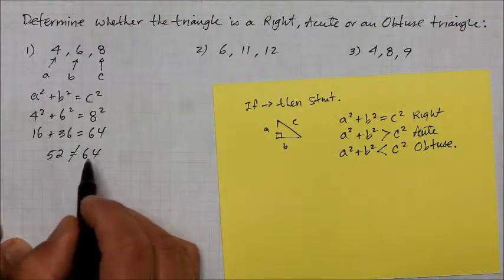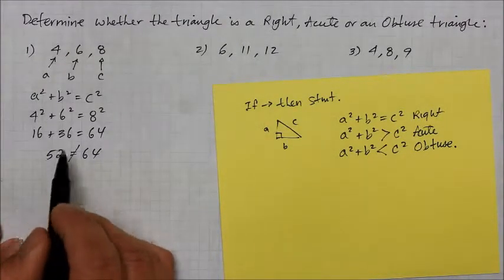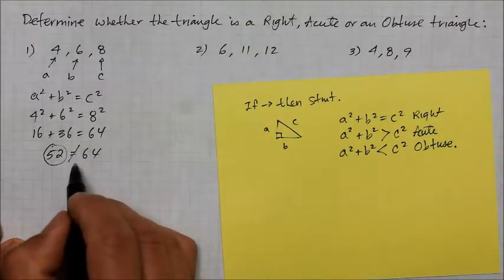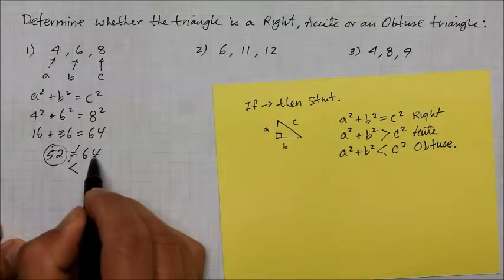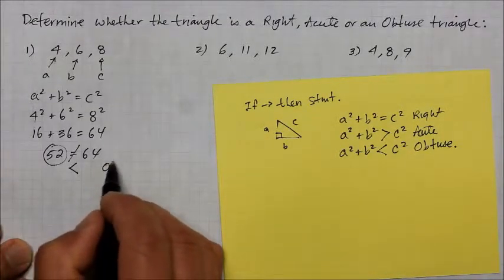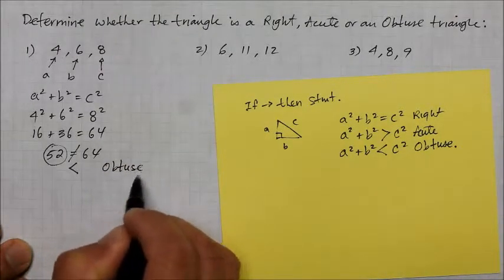But if you notice, a squared plus b squared is in fact less than 64, less than c squared. So this is considered an obtuse triangle.